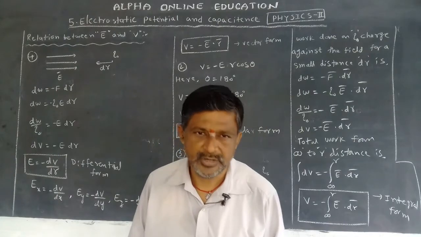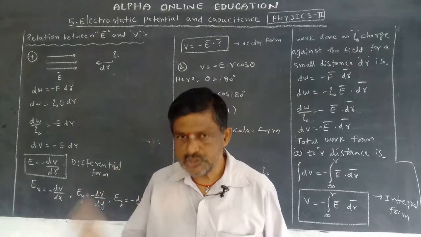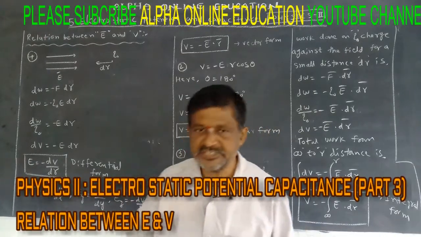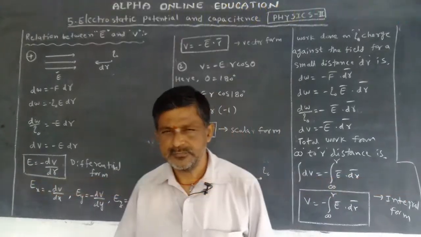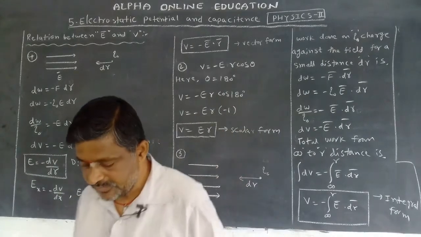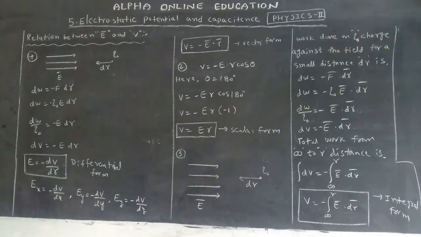These four are important, and depending on the situation we can use these while solving equations or problems. Okay. These are the forms of relation between E comma V. But one thing you must remember: intensity of electric field is a vector, but electric potential is a scalar.